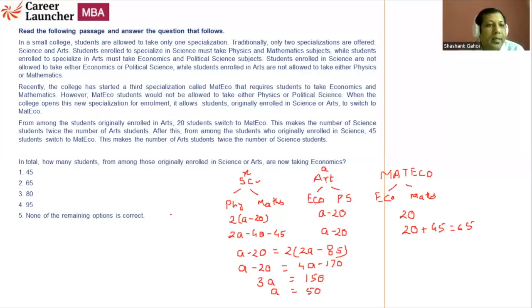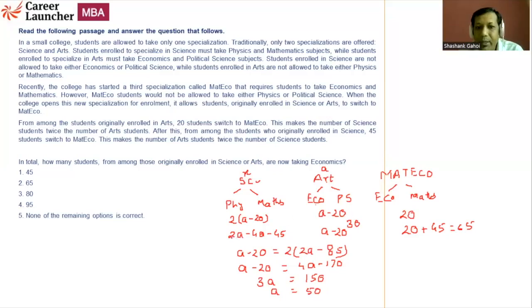Now, the question is saying, in total, how many students from among those originally enrolled in science and arts, out of the total number of students, are taking eco? If A is 50, currently the number of people in arts is 30.